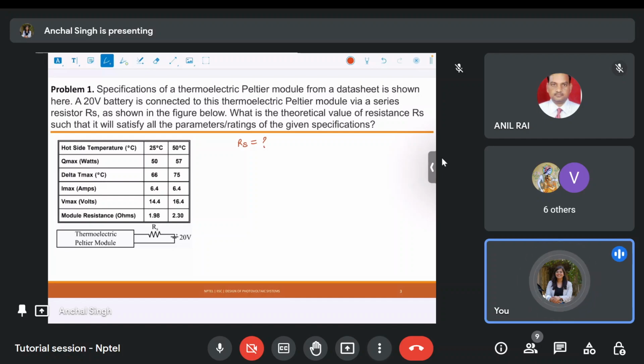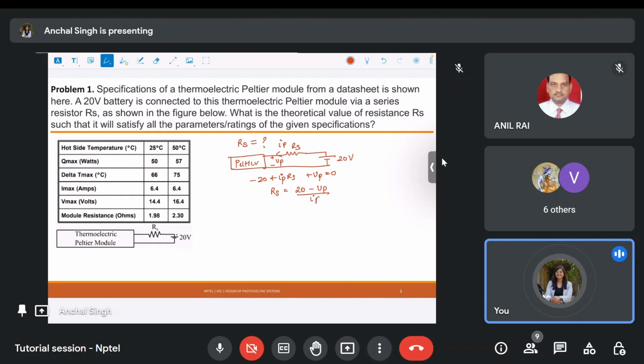Now, we know that in the circuit, this is the Peltier module, this is our resistance Rs, this is our 20-volt battery. We know that this is the current Ip that is flowing, and this is our Vp voltage. We know that using KVL we can write this equation. Then we can write that Rs depends on Vp and Ip.